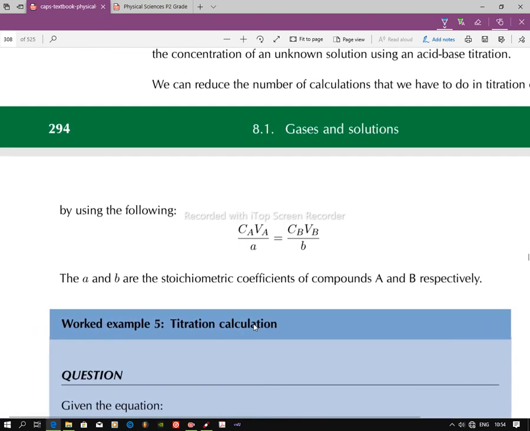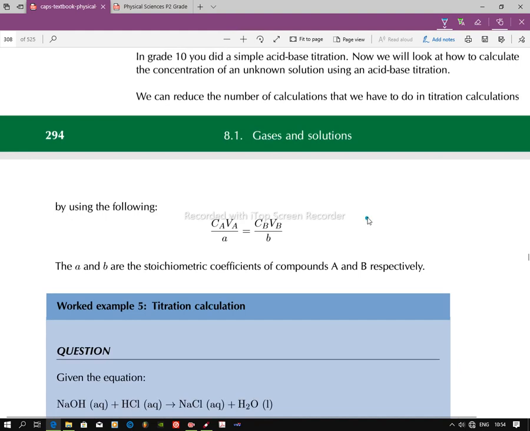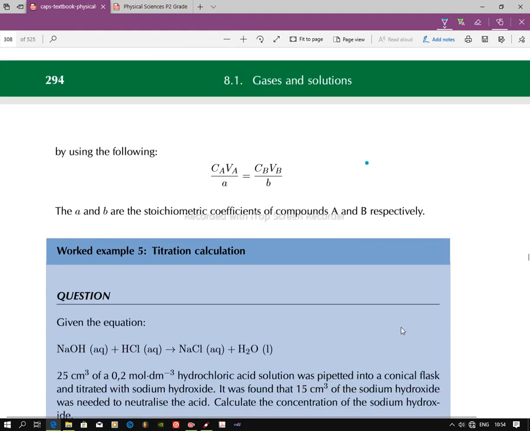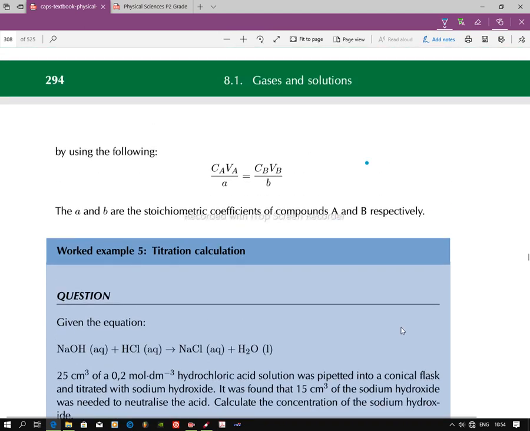Let's just look at what they have here for us. This is the general formula for this concept of concentration, and we are going to use this formula.